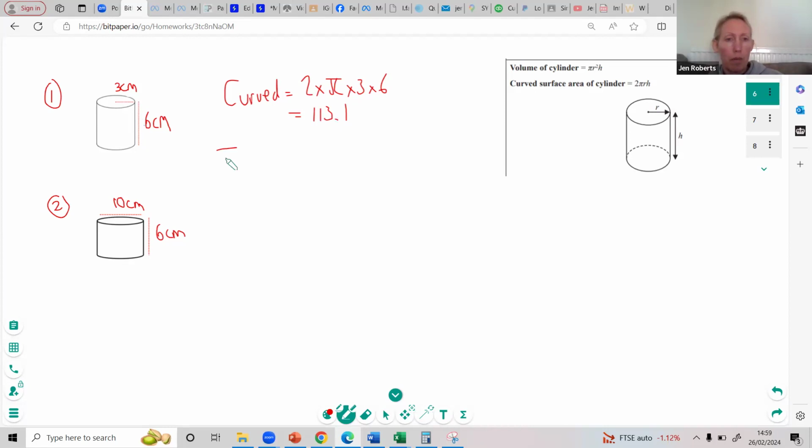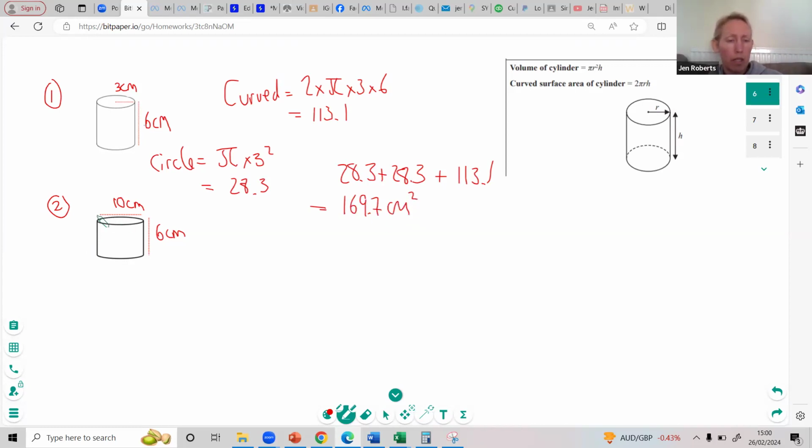Circle at the top, pi times 3 squared, 28.3. So I need my circle, plus my circle, plus my curved. Gives you an answer of 169.7.